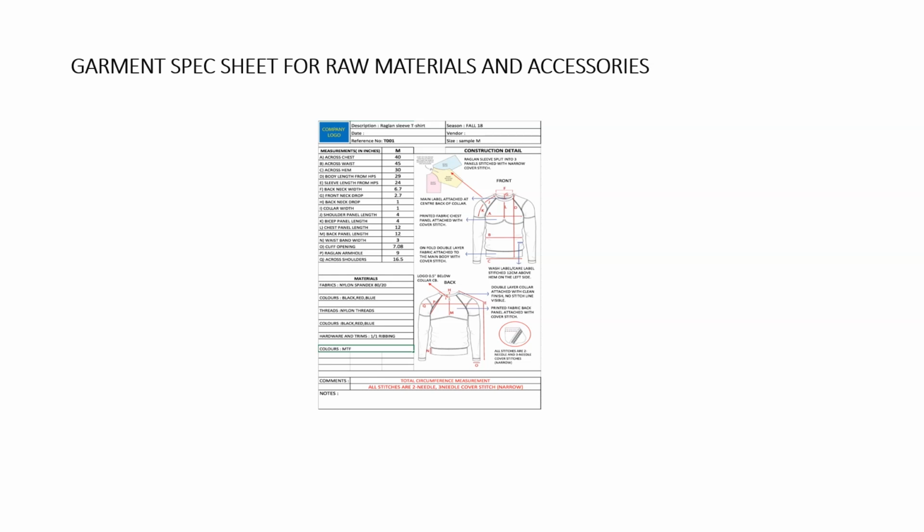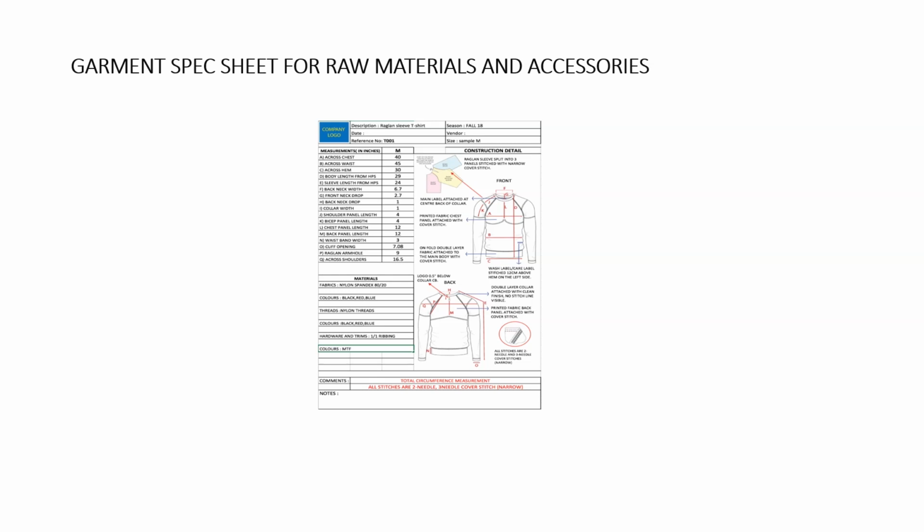Can you imagine, students, how useful it is? So that is there in the garment specification sheet, which talks about the raw material like fabric, raw material like accessories, like zippers, buttons, etc. Then the processing of the fabric, which type of processing is to be done in the garment.